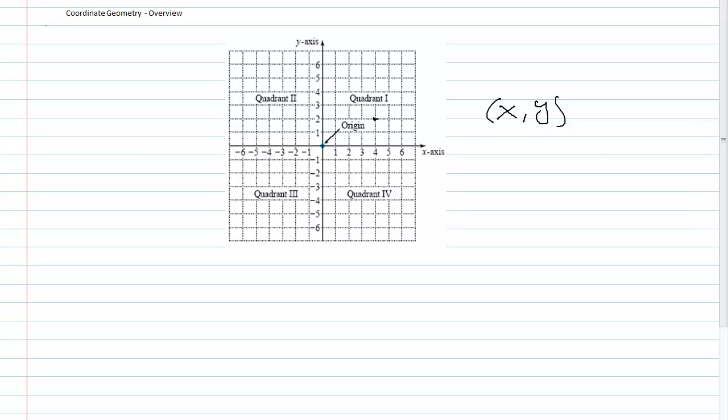And for this specific point, I would first walk along the x-axis. So I have to walk 1, 2, 3, 4 units to the right, and then I have to do my y walk, which is 1 and 2. So the x coordinate for this point becomes 4, and the y coordinate becomes 2. So this specific point is represented by this ordered pair, 4 and 2.